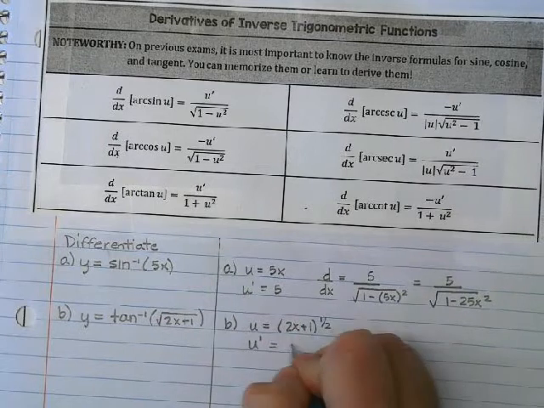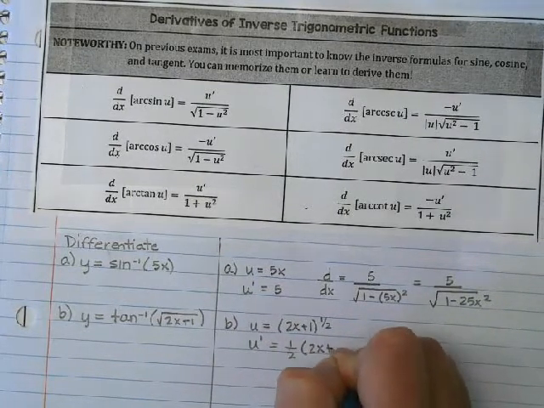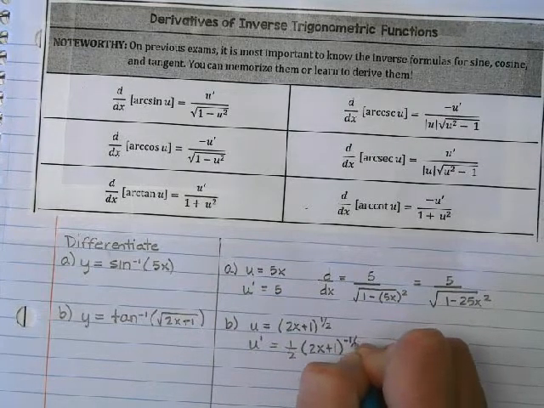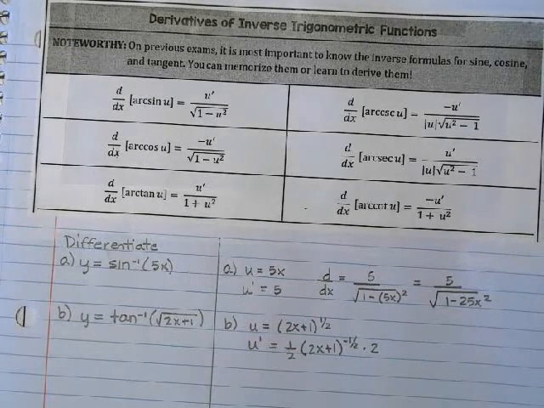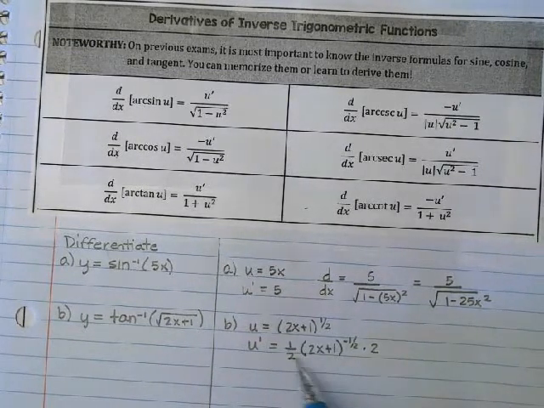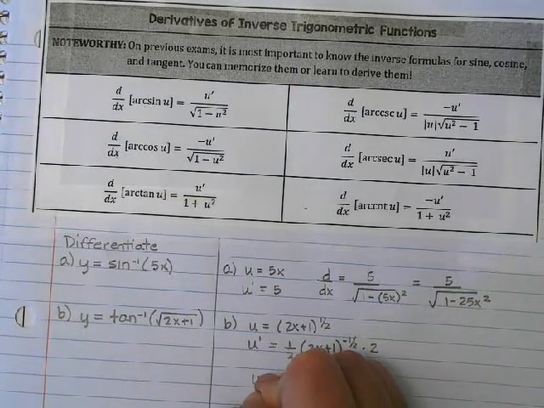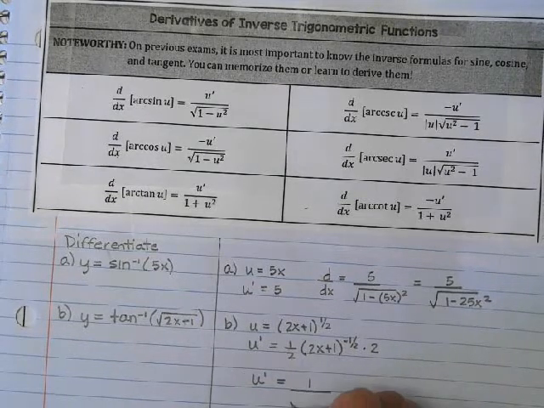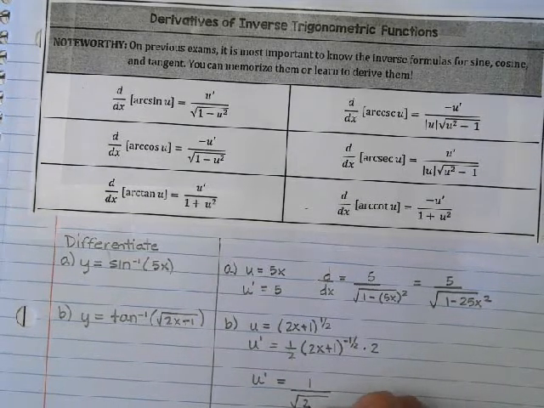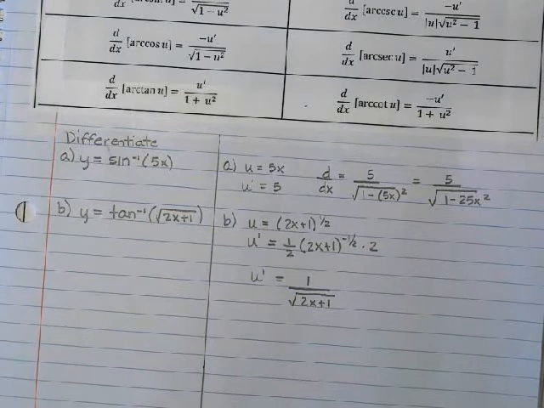U prime is 1/2 (2x plus 1) to the negative 1/2 times 2. That 2 is going to cancel out with that 2, so u prime is just 1 over the square root of 2x plus 1. All I did is move that down to the bottom there.